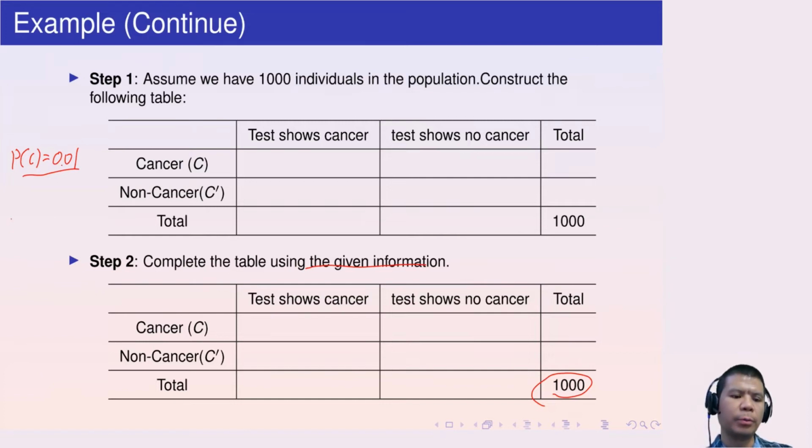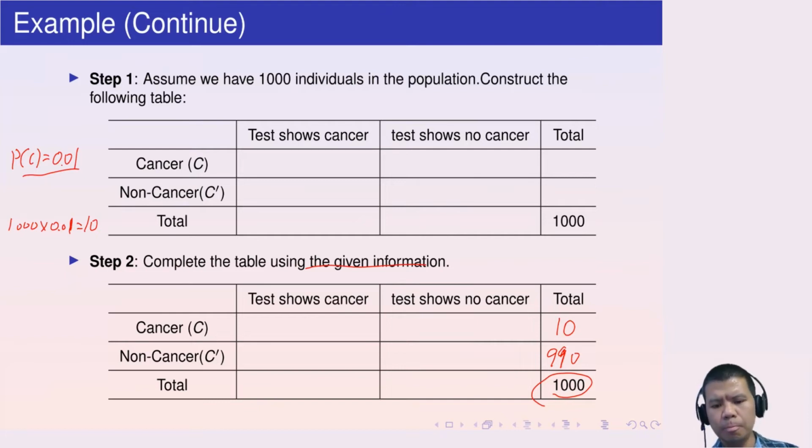That's going to be 1,000 times 0.01, which equals 10. So here the row sum is going to be 10, right? 10 of them will have cancer. Now, of course, 990 will not have cancer.